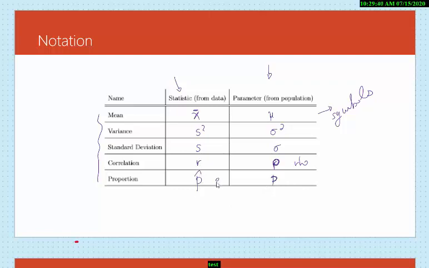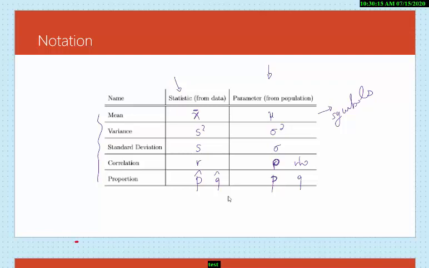And sometimes if we have two different samples or two different populations, we are using the letters P and Q, and P hat and Q hat. From now on, we will be using this notation whenever we talk about statistics or parameters. Please memorize that because it is extremely important to know what you're talking about every time. And a sample, we handle it in a completely different way than we handle a population.